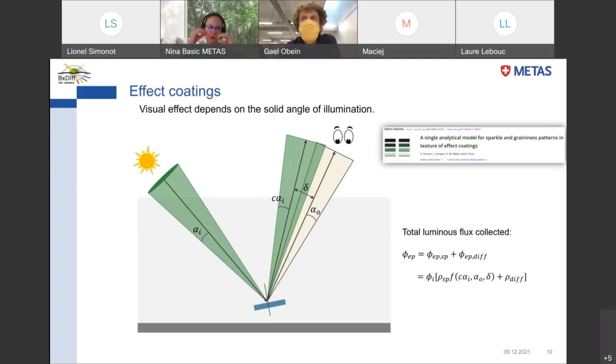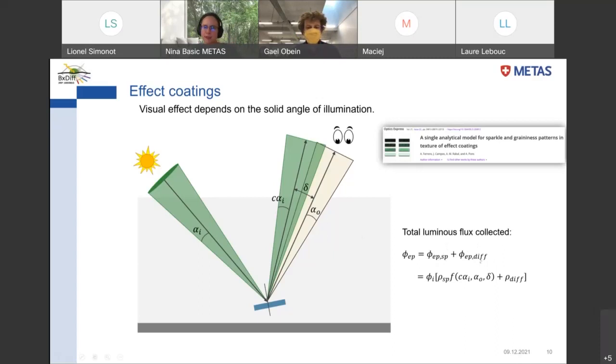So here I'm again oversimplifying. I'm just showing you one effect pigment, but if we do this for one, then we can just multiply for many, and we have basically the bigger model. So in the end, what we're really interested in is how much luminous flux our eyes are collecting. And that we can calculate with this simple model where we just have the specular flux and then the diffuse flux.